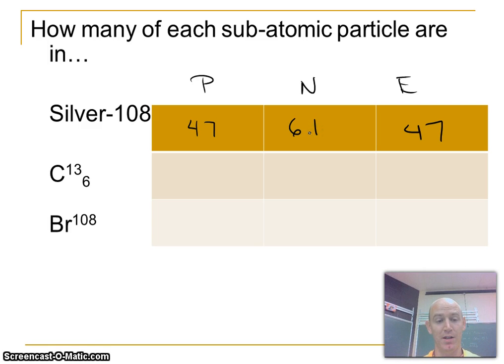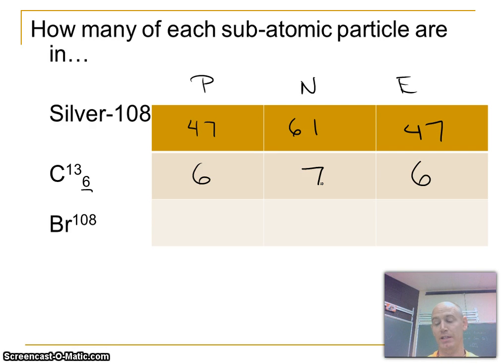Similarly, carbon 13, and this is nice because they just give us the atomic number down there, 6 protons, 6 electrons because it's neutral. And then to get neutrons, mass number, which is 13 in this case, minus the atomic number, which is 6, and we should get 7 neutrons. And lastly, the bromine 108. Bromine has an atomic number of 35.